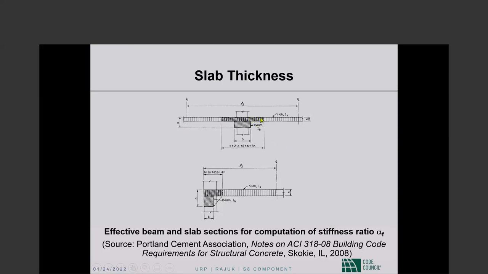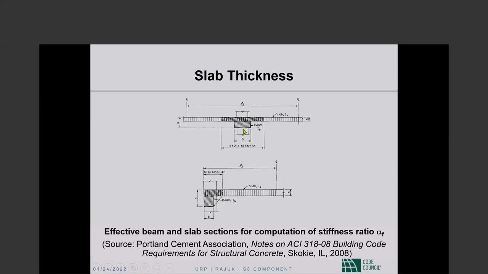So this overhanging width is equal to whatever part of the beam is sticking below the slab, except this cannot be taken any wider than 4 times the thickness of the slab.